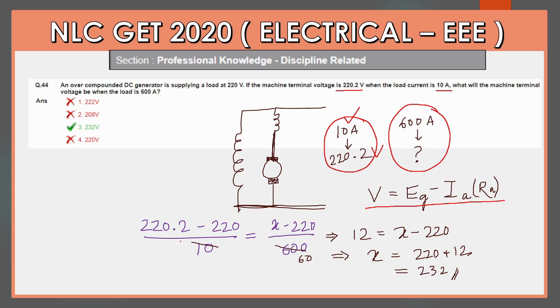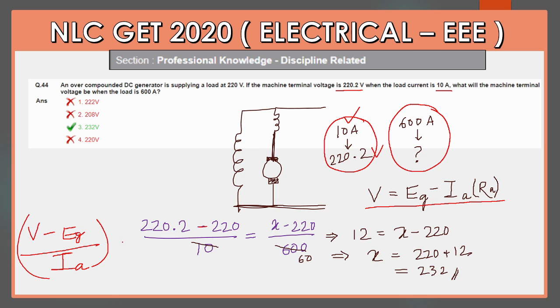So for R, if you write for first, what you will write? (V minus Eg) by Ia, I am writing like this.